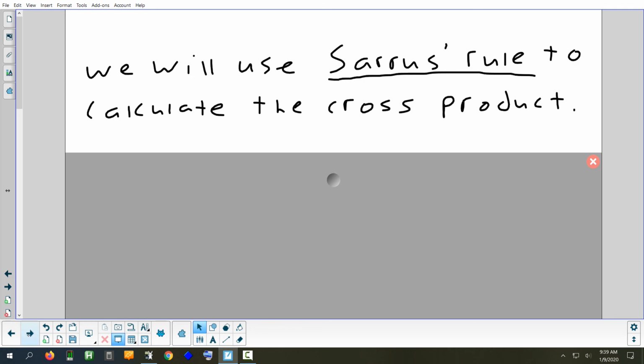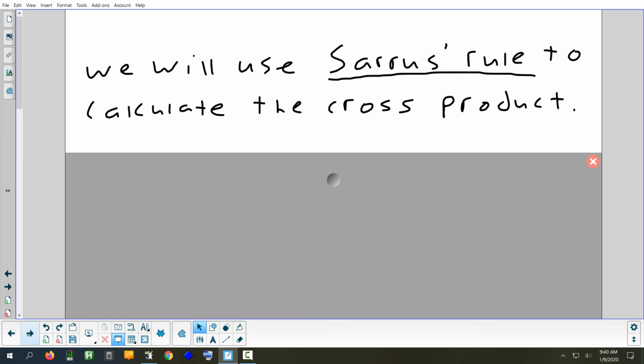So there's lots of ways to find the cross product. The simplest way to find it without having to explain a lot more stuff is what's called Sarrus's Rule. Basically, it's a visual that we're going to use, and we're going to look at diagonals, and it's going to tell us the answer.